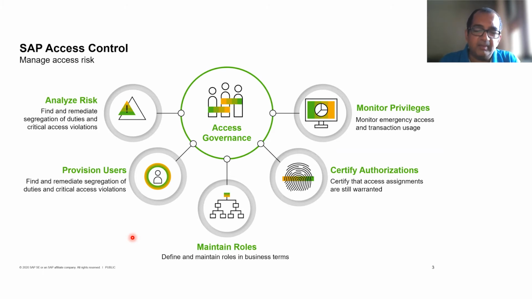So on a periodic basis, for example, the head of the department can get a report saying, okay, these are all the employees in your department, these are all of the people who report to you, these are the authorizations they have, and if any of those employees within the department actually have, say, conflicting authorizations, then the head of the department can give his or her approval, or can also suggest changes, right? So on a periodic basis, being able to ensure that the existing authorizations are valid, that is also something that we give you the capability for.